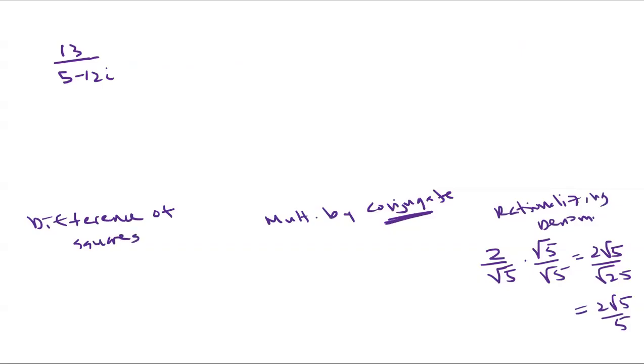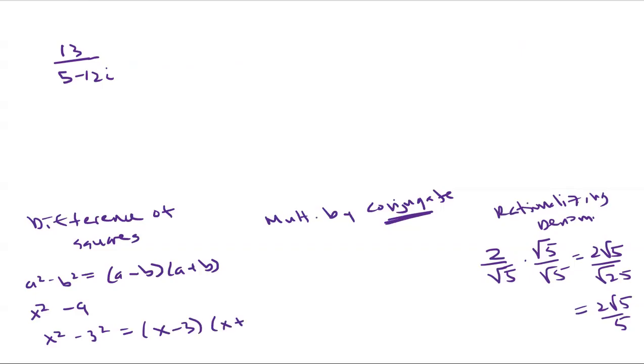Remember, if you have a squared minus b squared, we can break that down to a minus b times a plus b. So if I had x squared minus 9, I can rewrite that as x squared minus 3 squared, which is broken down to x minus 3, x plus 3. So those are just the factors of x squared minus 9.